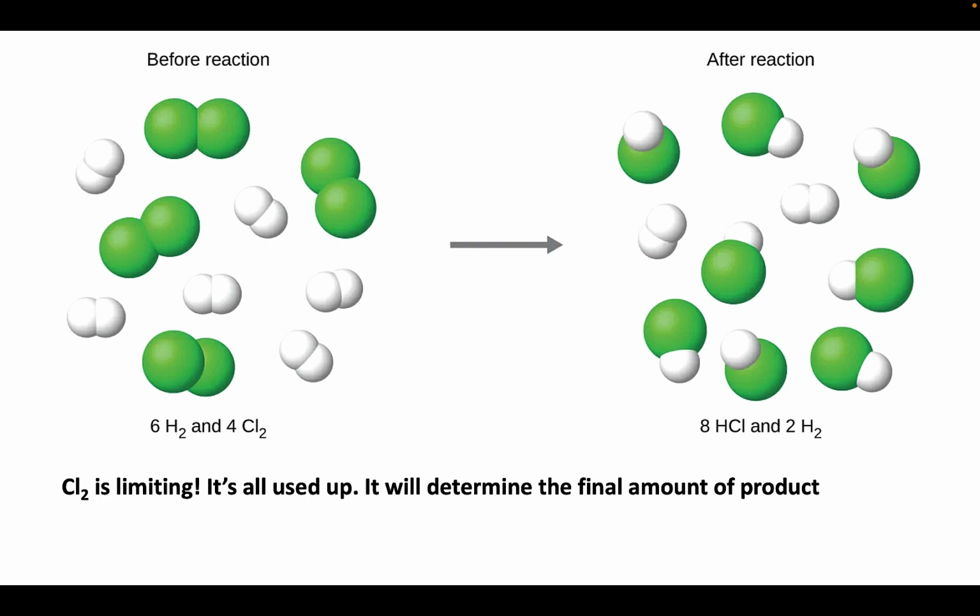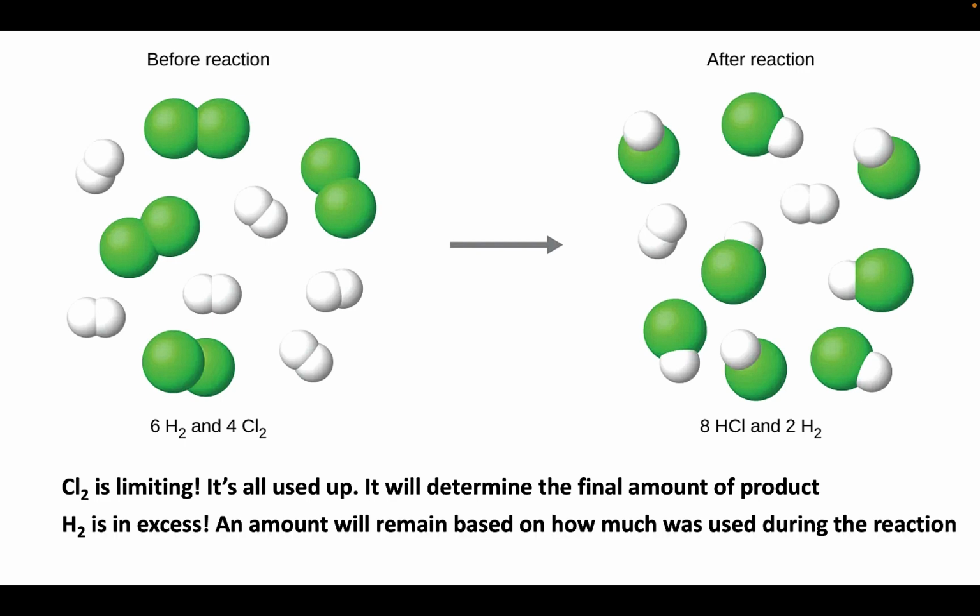The 6 hydrogens could actually make more than that, and as a result, we have a couple of hydrogens remaining. The amount that remains is based on how much was used, right? In this case, we made 8 HCl's. That consumes 4 H2 hydrogen molecules. Therefore, of the 6 that we started with, we now have 4 less, and there are 2 that are still there.